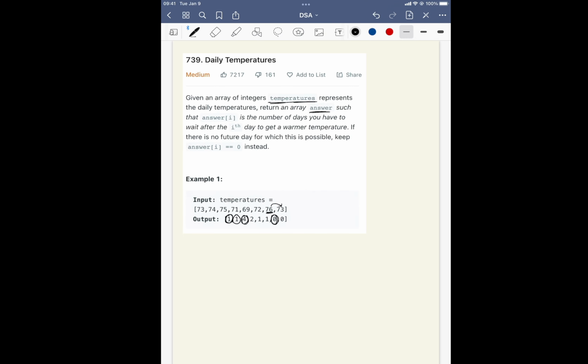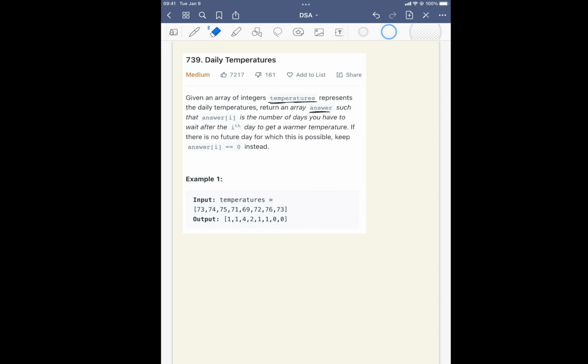And again, for 73, there is no higher temperature because that's the last element in the array. So there's no other temperatures to look at. So the answer is going to be 0 for that day. So that is what the problem is asking you to do.